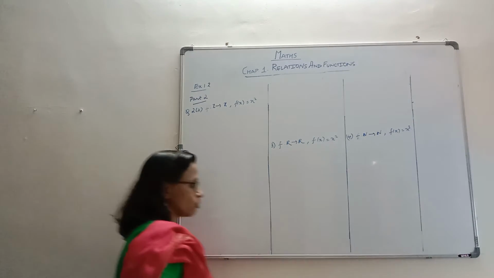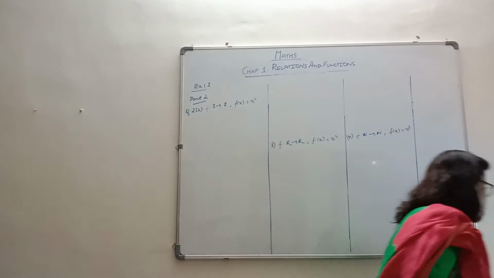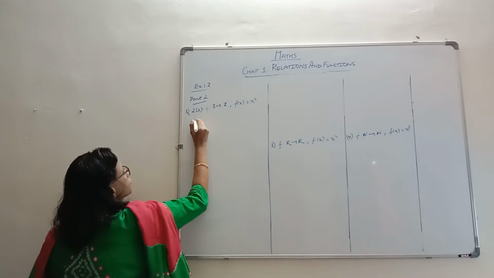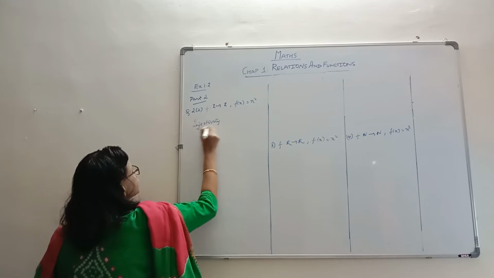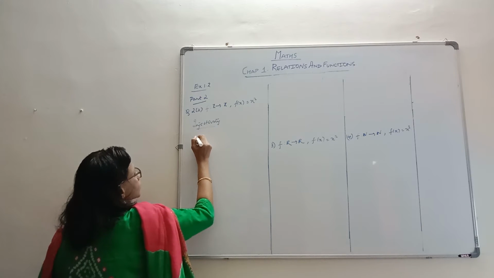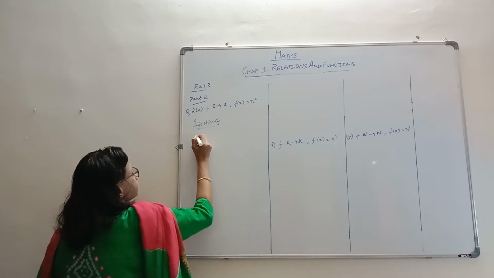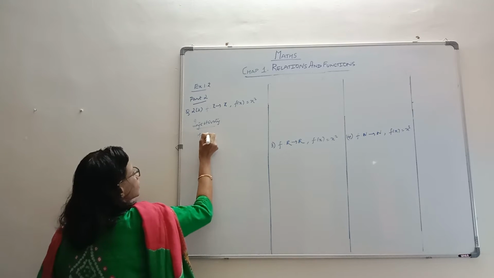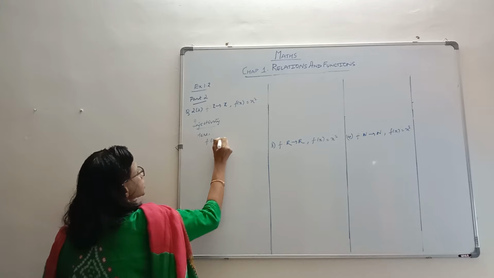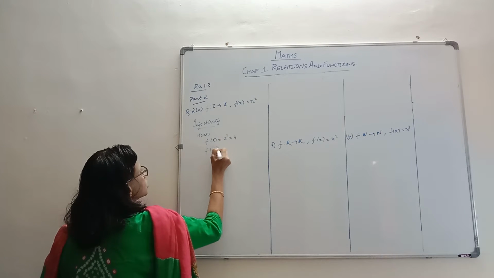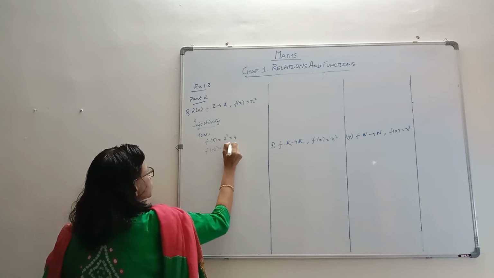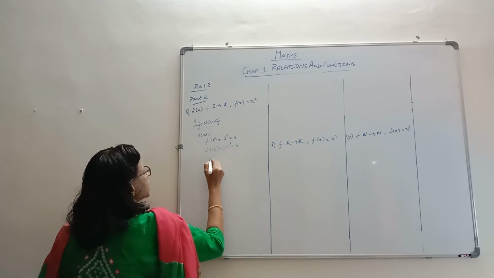For injectivity, or what have they asked? Injectivity, yes. So let's write for injectivity. f of 2 is 2 squared, 4. How about f of minus 2? That is also minus 2 squared, 4. So what's the meaning?